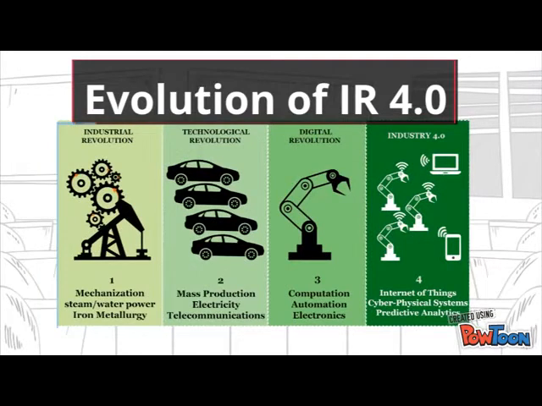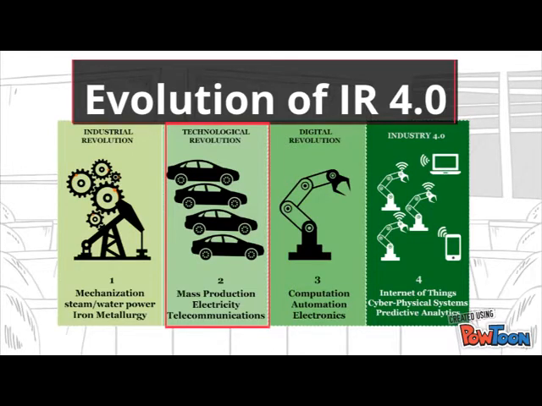Before I go into discussion, I will first talk about the evolution of the fourth industrial revolution. The first industrial revolution started in the 1760s, which focused on steam and water-powered machines to replace simple hand-based manufacturing. Then came the technological revolution, also known as the second industrial revolution.